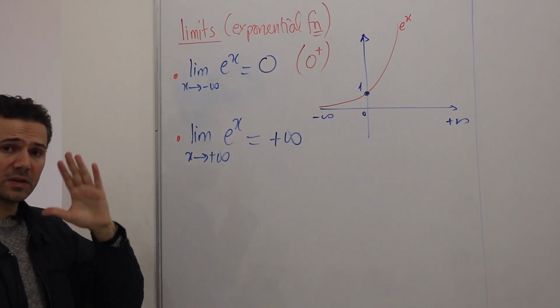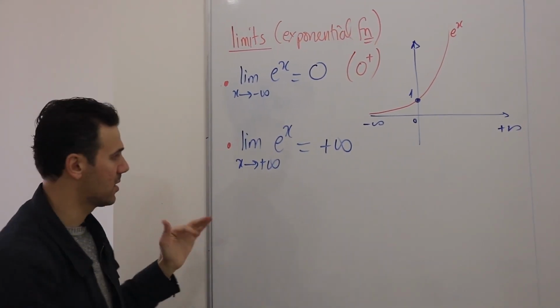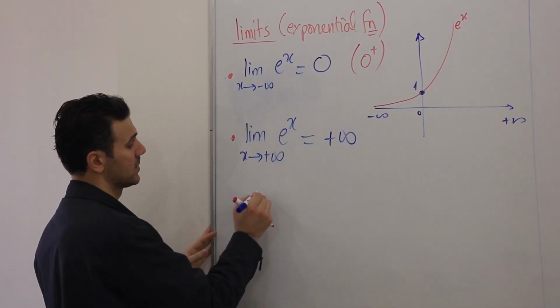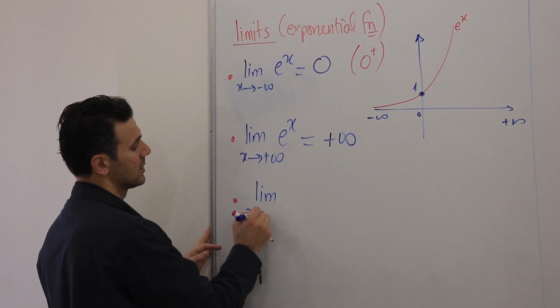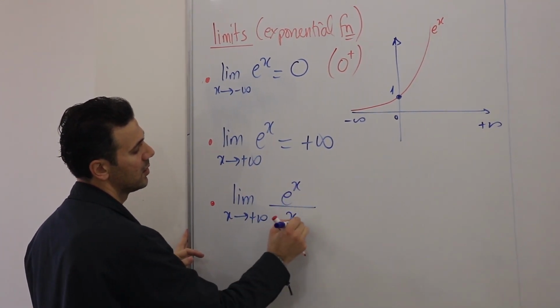Well, there are two particular cases that are very important and useful, especially in exercises and in tests. The first is the limit as x tends to plus infinity of e^x over x.